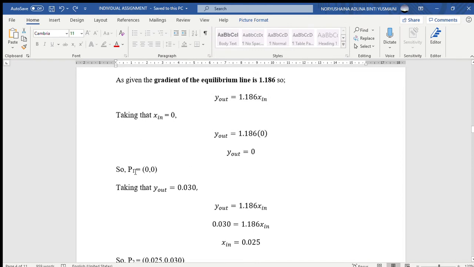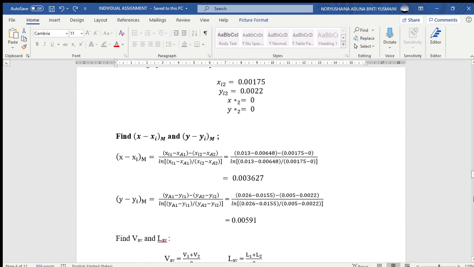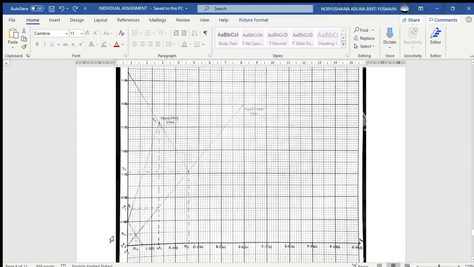P1 is the coordinate 0, 0, which is at the origin, and the next P2 is at the coordinate of 0.025, 0.030. So my equilibrium line turned out like this, which is P1 and this is P2.